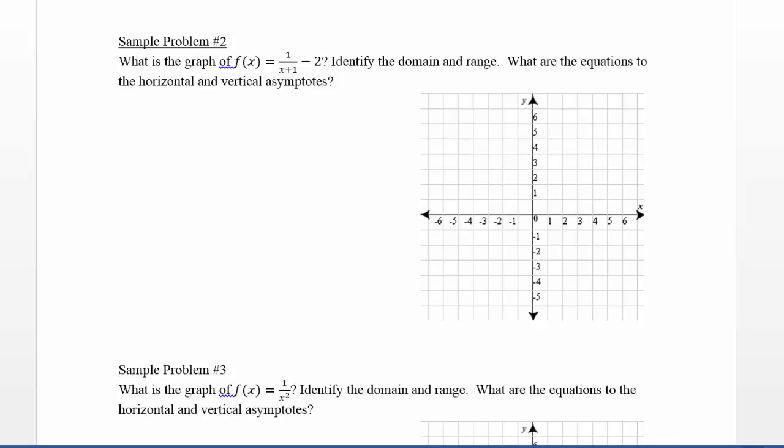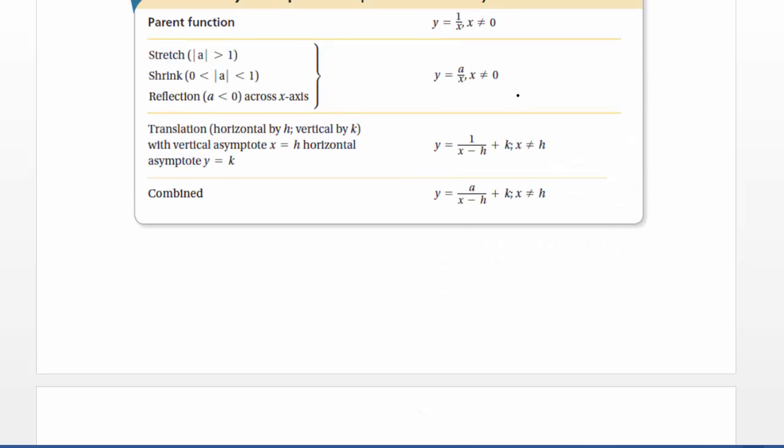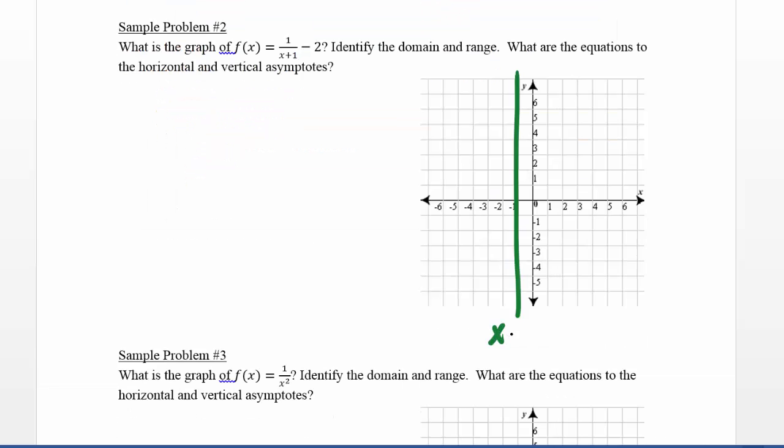That is going to tell us what our asymptote is. So basically we're looking at an asymptote of x minus 1. So we have x equals negative 1 as one asymptote, and then the k is negative 2, so y equals negative 2 is going to be our other asymptote.